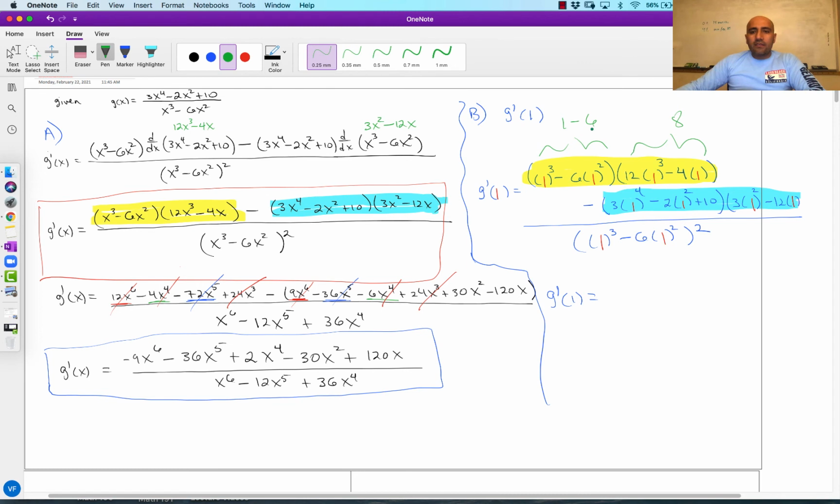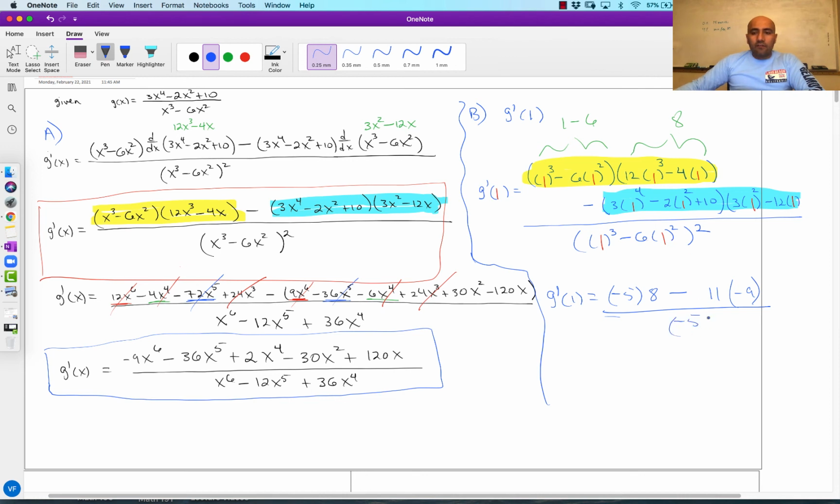So I get 1 minus 6 gives you negative 5, so this would be negative 5 times 8 minus, and then here I end up with 3 minus 2, which gives you a 1, plus 10 gives you an 11. 11 times, and then 3 minus 12 gives you a negative 9. All of that gets divided by 1 minus 6, which gives you a negative 5 squared.